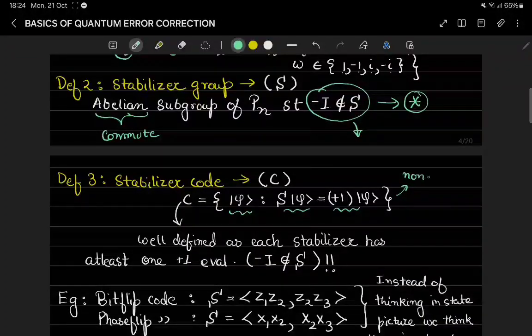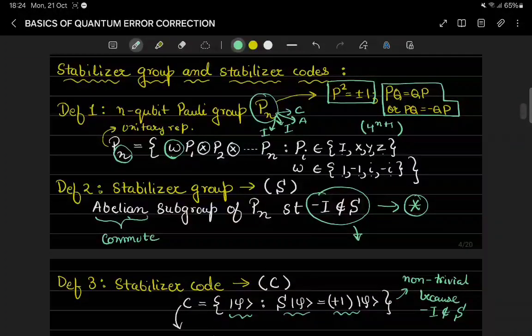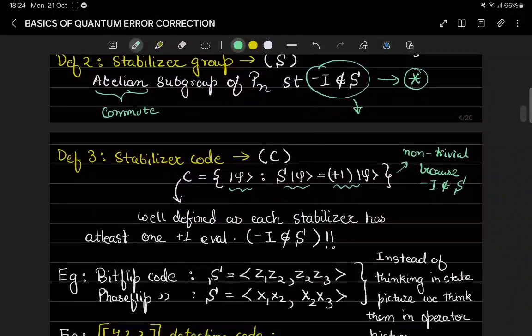So this is a non-trivial code space because minus I is not in the stabilizer group. And this means that at least one eigenvalue will be +1, because P squared is +1 or -1.